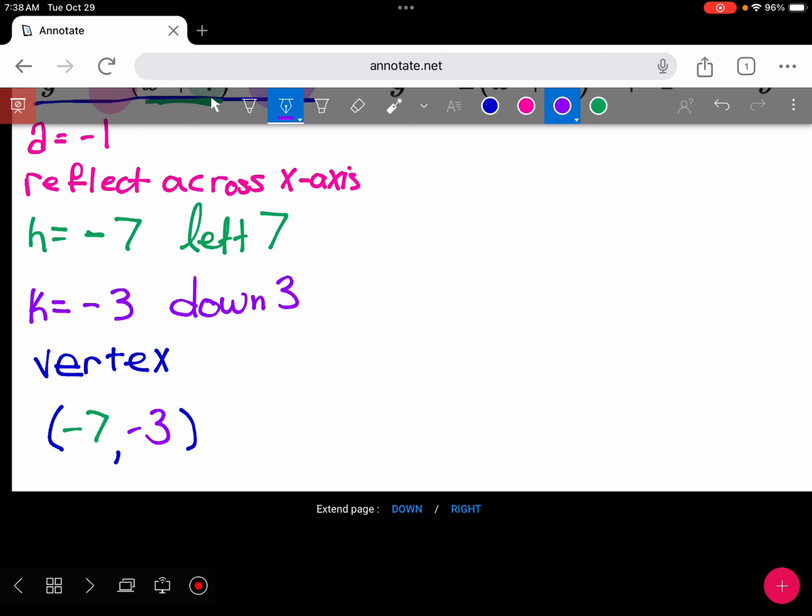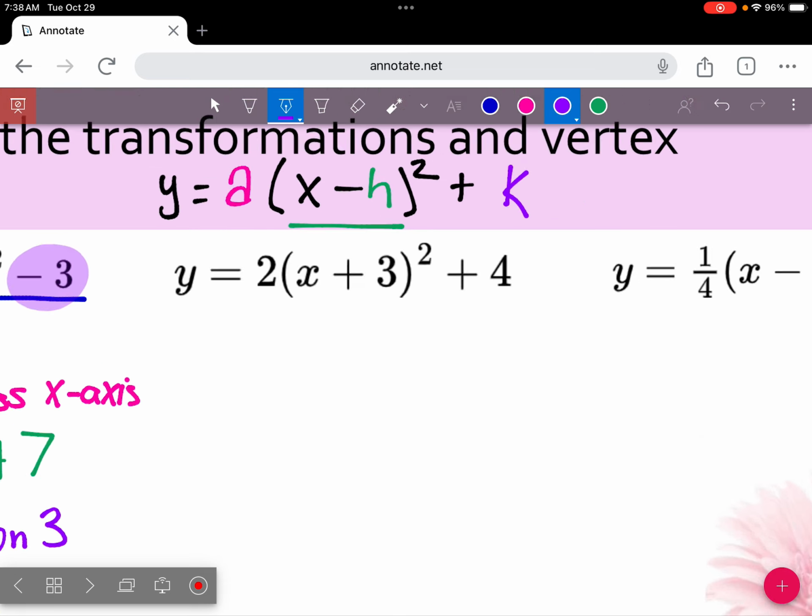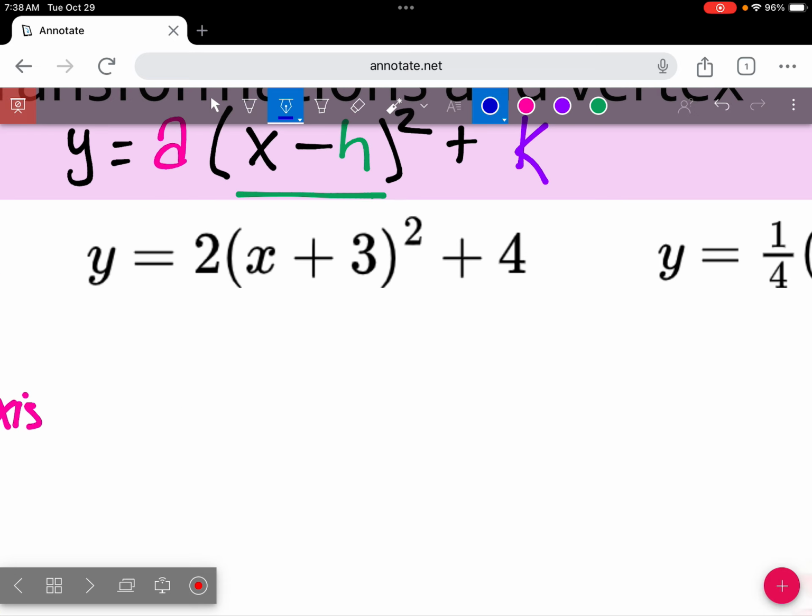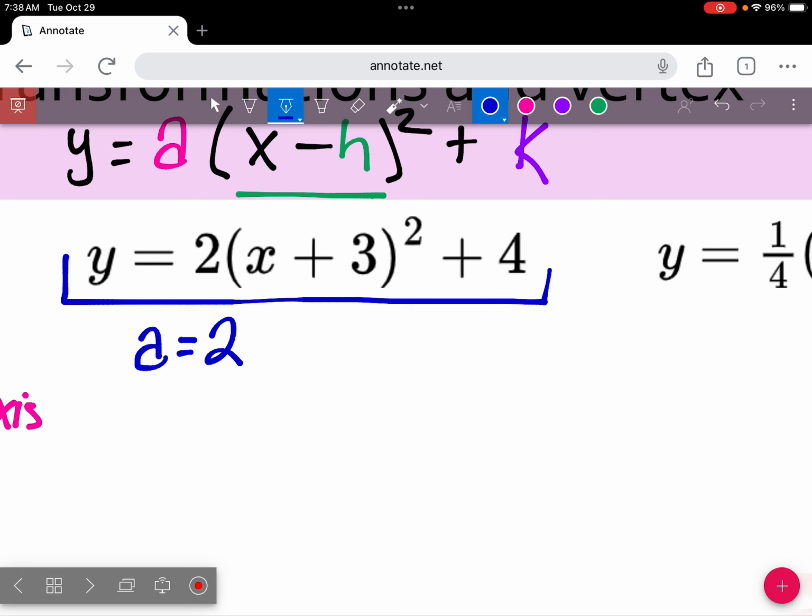We're going to do the same for the other two, but we'll go a little bit faster on the other two. Okay. Then let's do the same thing over here. What is our A? 2. What does that mean transformations-wise is happening? It's a stretch.